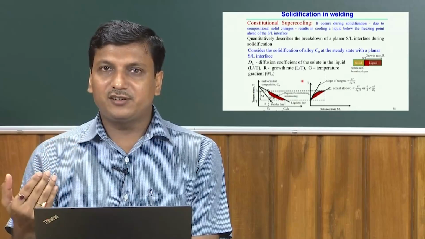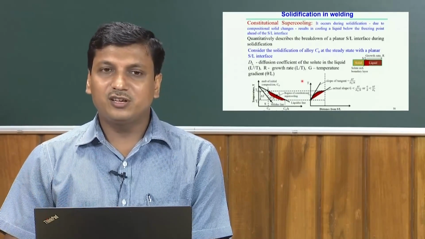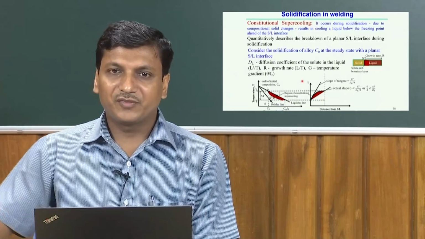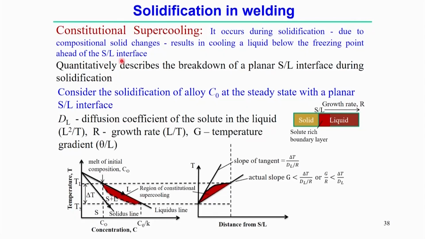But the mathematical terms or parameters that govern, or are linked with, the constitutional supercooling are better described by, one, the diffusion coefficient of the solute in the liquid, that means DL represents the diffusion coefficient. The unit of the diffusion coefficient is length square per unit time.